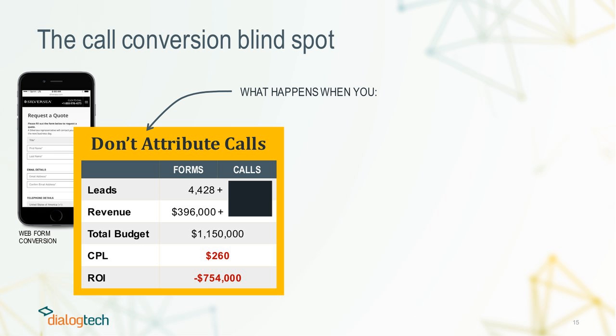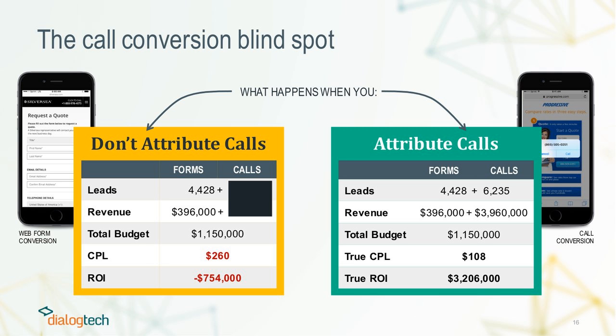Well, what happens when you add calls to that mix? When you're able to add calls to your attribution mix, you're going to be able to see, again, that true number of conversions that you're driving. So in this case, you're driving just over 6,200 leads, phone leads, which is driving additional revenue. It's actually bringing you to your true CPL.